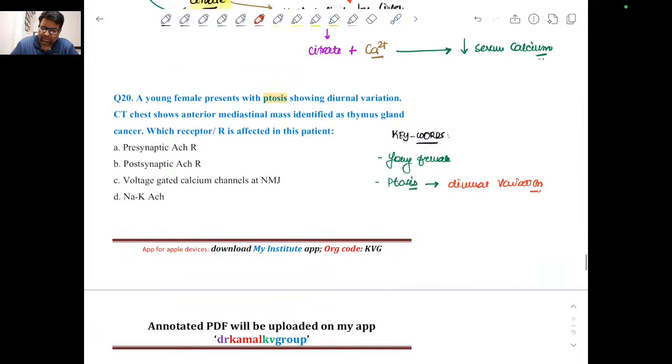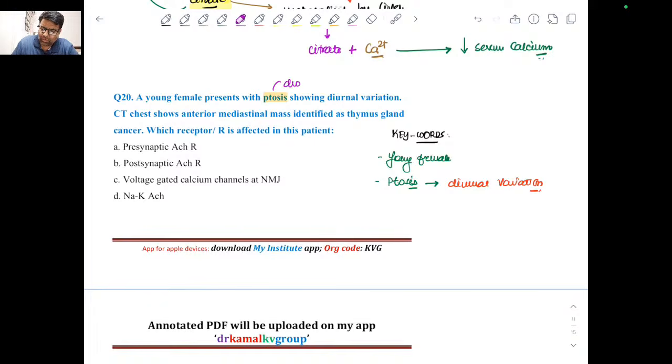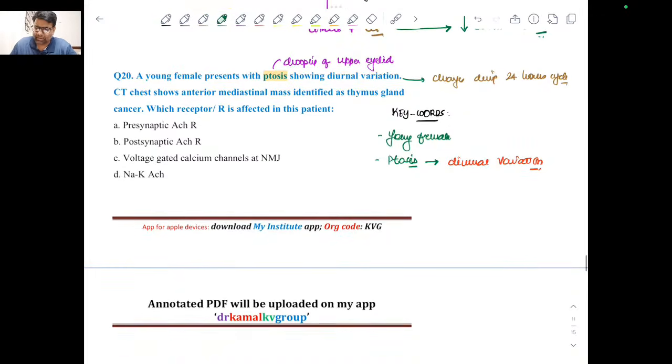Now ptosis means drooping of the upper eyelid, and diurnal variation means changes during the 24-hour cycle. Sometimes it is more, sometimes it is less, so that changes.